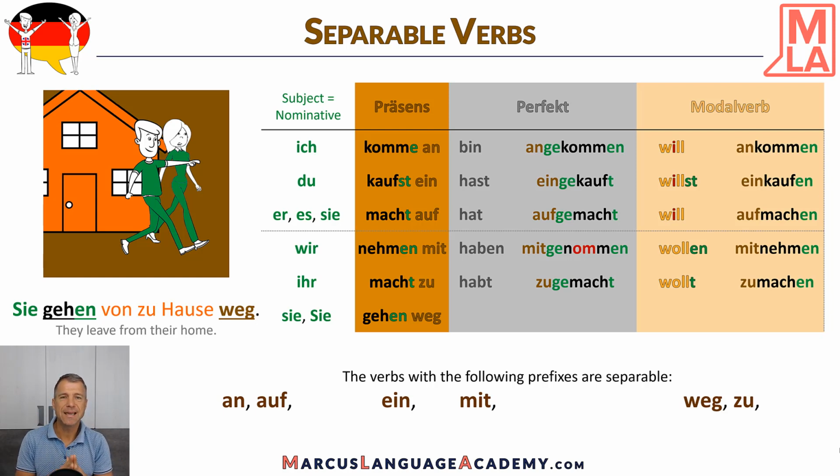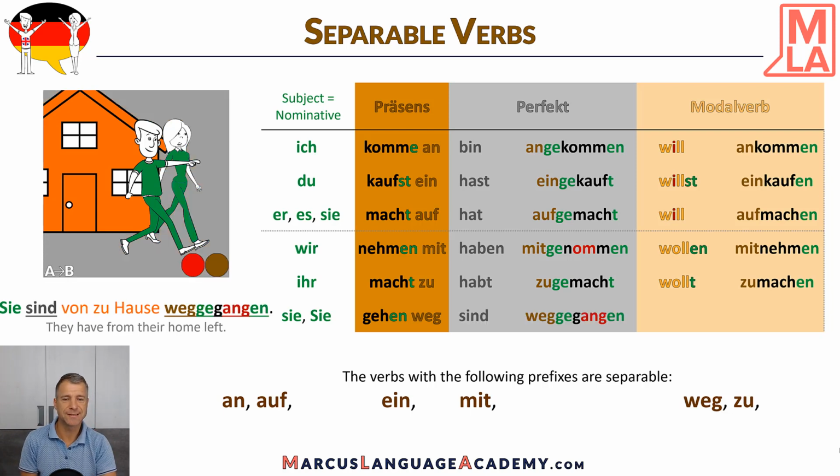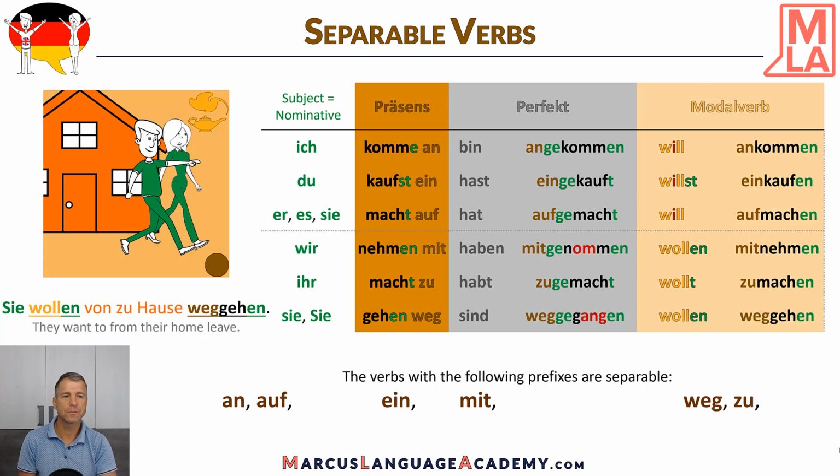Sie gehen weg. Sie gehen von zu Hause weg. They leave their home. And in perfect, remember, here we use sind. Sie sind weggegangen. And with the modal verb, sie wollen weggehen. Sie wollen von zu Hause weggehen.